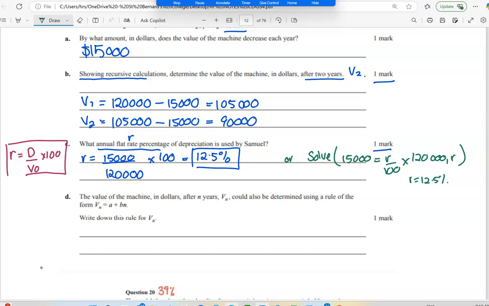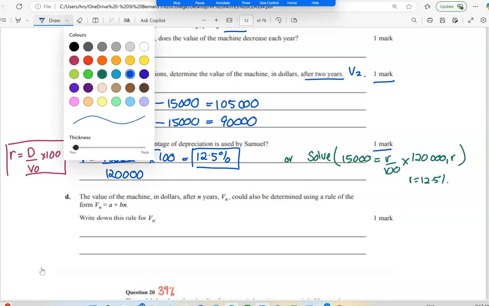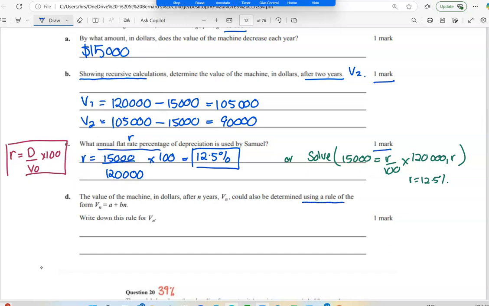So the next one says the value of the machine after n years could be determined using the rule. Remember when they say using rule, that means nth term. So we're using flat rate and nth term. If I'd gone to my notes, I would have seen the flat rate formula.